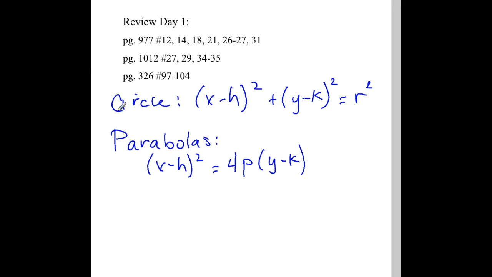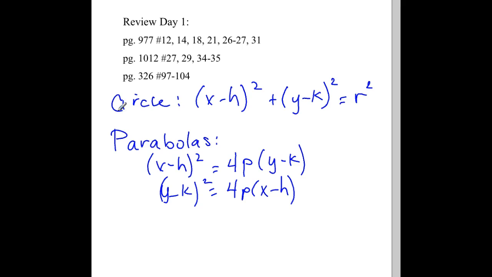Okay. Or we could have the other version, right? x and y switch. So we could have (y minus k) squared equals 4p(x minus h). All right. How do you know that it's going to be a parabola? When you look at the equation, what is it about it that shouts out at you, this is a parabola? Only one of your variables is squared. Okay, that's the key.